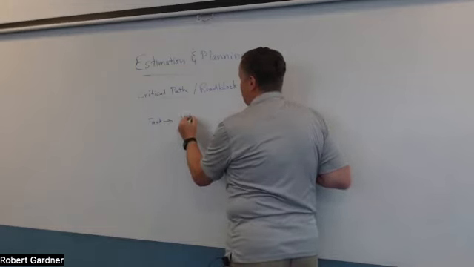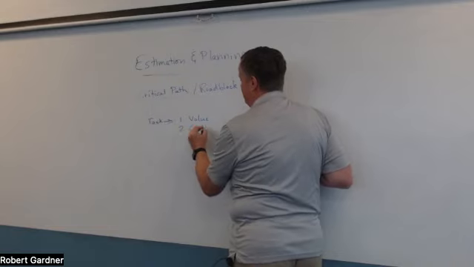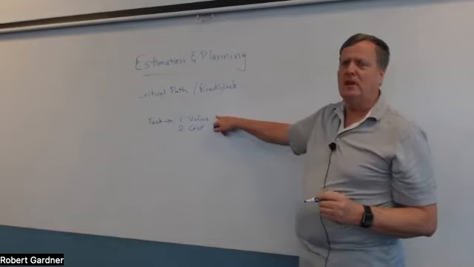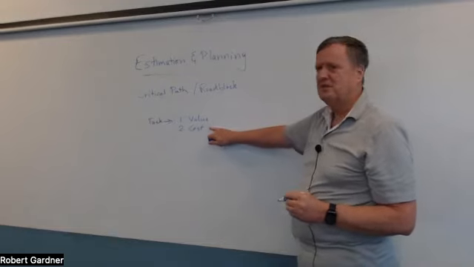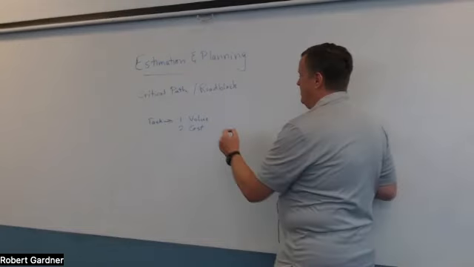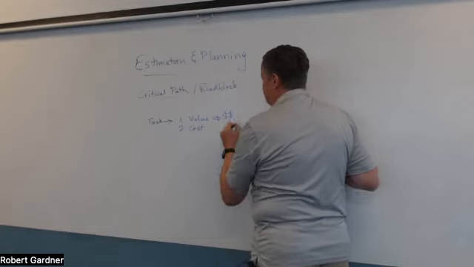Number one, value, and number two, cost. But these have to be numeric. You can't say, oh, this is really, really valuable, and you can't say, oh, this is really expensive. You have to put these into numbers. The way you do value is you assign it a dollar value.